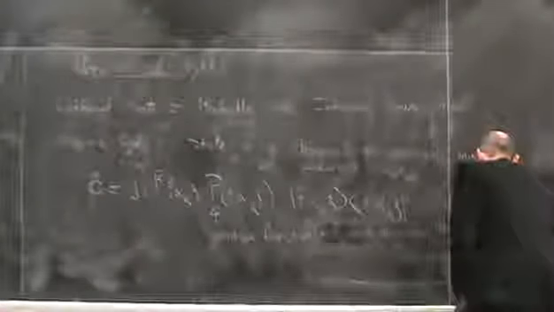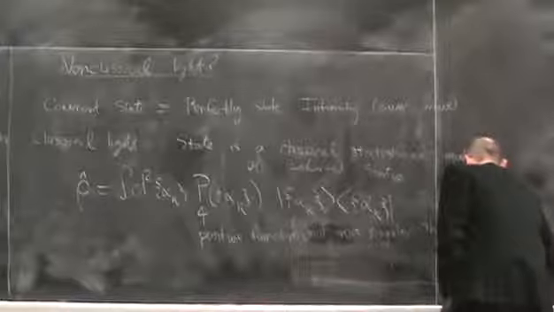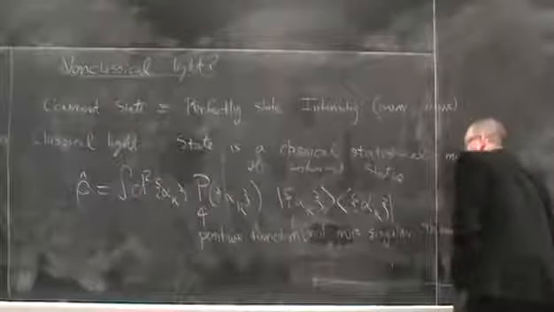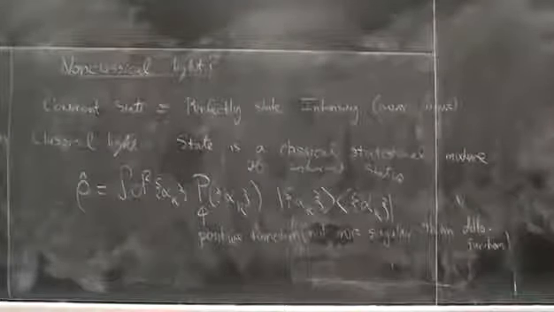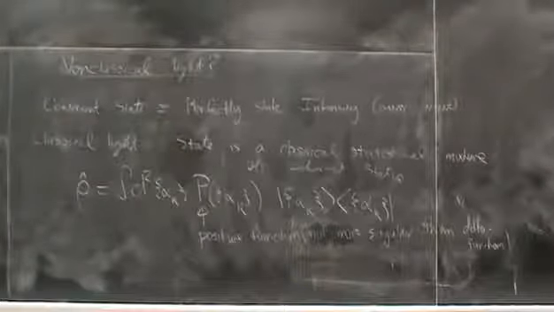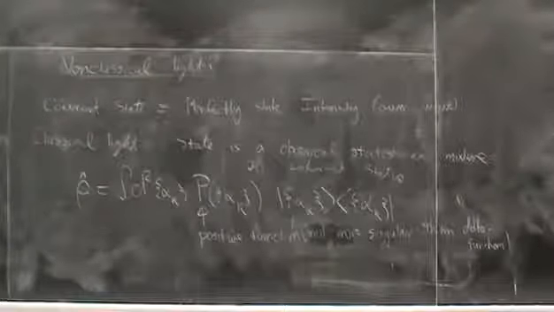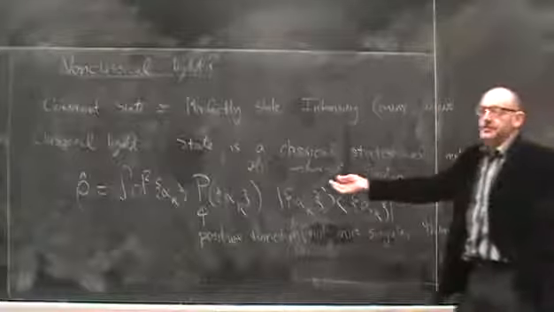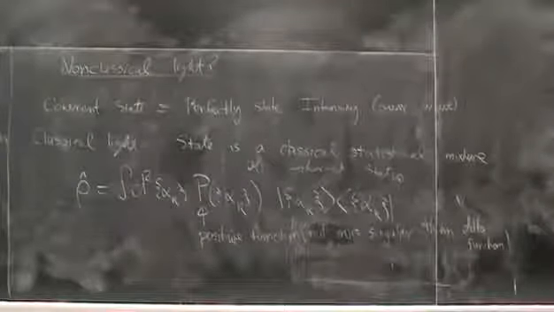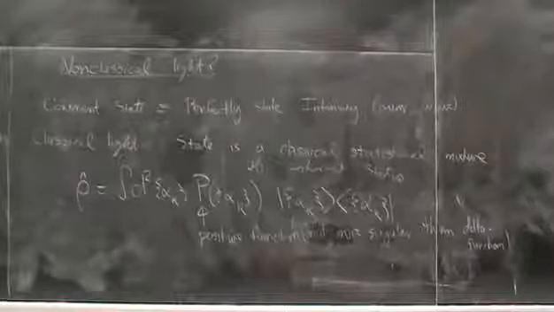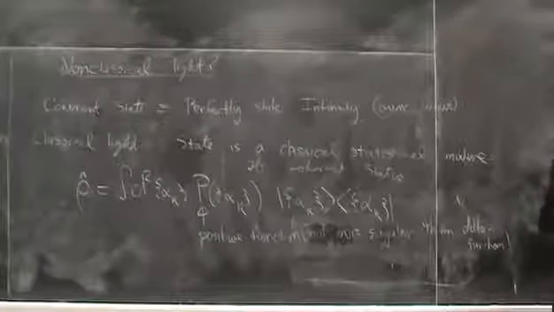So a derivative of the delta function would not be good. And as we have discussed in the past, such a state is generated from the vacuum if I have a classical current.